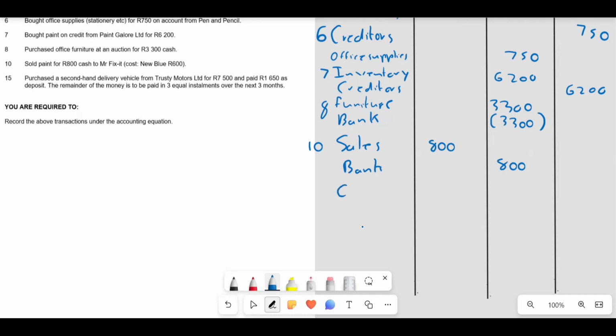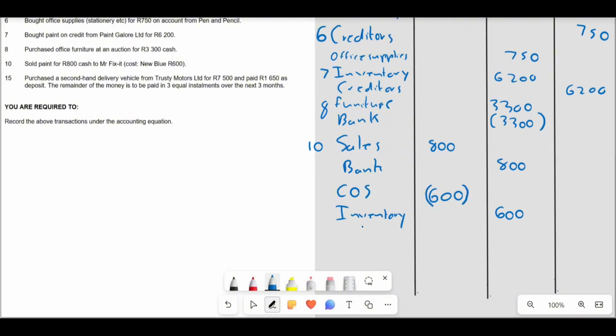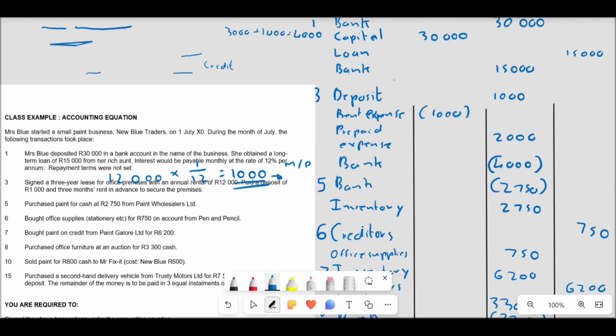Then our cost of sales and our inventory will be affected. Our inventory will decrease, sorry, by 600. Then our cost of sales would increase and our profits will decrease because of this cost of sales. Therefore, it is on the debit side, and therefore equity decreases on the debit side, as we have noted here on the top.